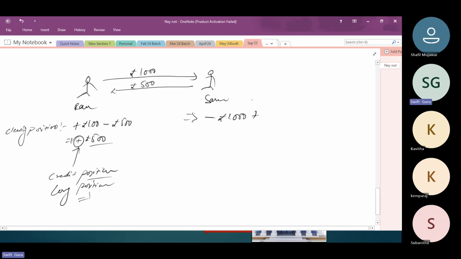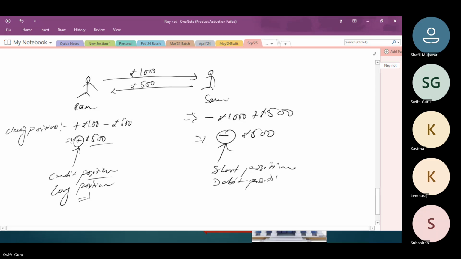They have paid back 500, so that will be plus 500, and that will be equal to minus 500. So this negative position is called a short position in clearing language, and it is also called a debit position, right?